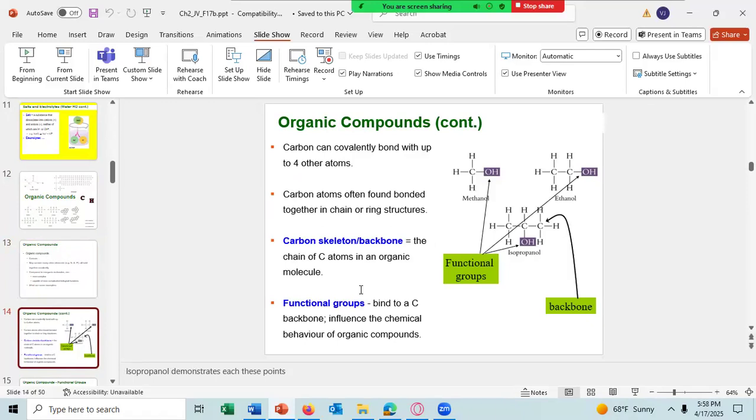Organic compounds always contain carbon. Carbon is important because it can bind to four other atoms, like this carbon here is bound to four other atoms. Carbon atoms are often found bonded together in a chain or a ring structure. So there we have a chain, carbon backbone holding the molecule together.